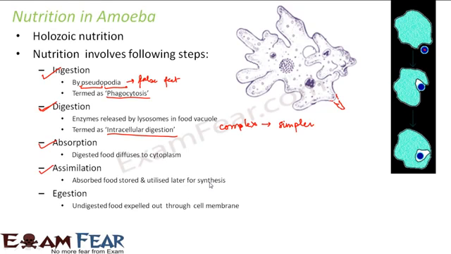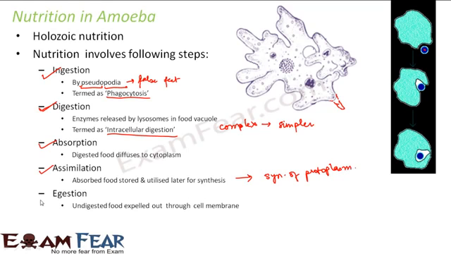This absorbed food is stored as fat or glycogen and is later used for synthesis of protoplasm. What is protoplasm? It is the living substance of the cell, that is the cytoplasm plus the nucleus. They are together known as protoplasm.